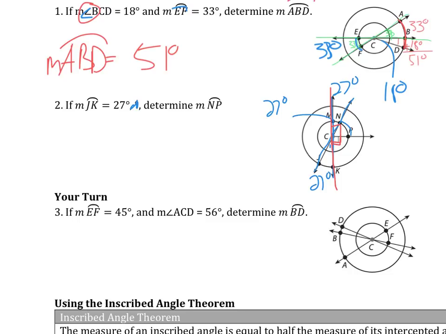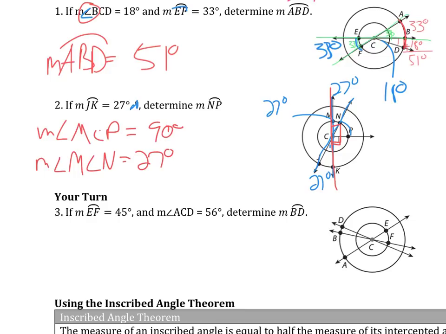So we could say that the measure of angle MCP is equal to 90. And we know because of our vertical angles that the measure of angle MCN is equal to 27. Well, MCN is that portion, and NCP is that portion, so that plus that has to equal 90.